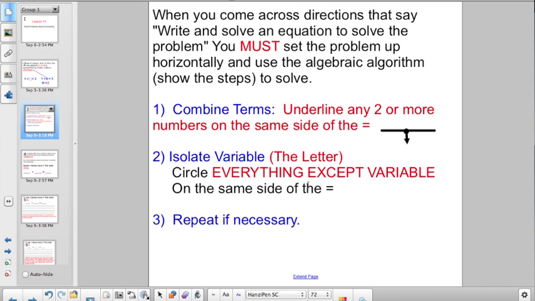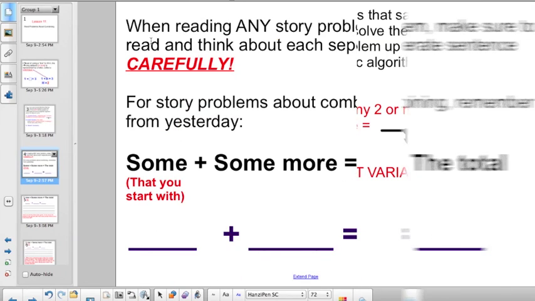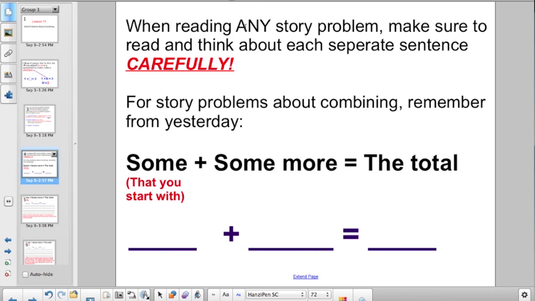Kick it so hard the plus breaks into a minus sign, and then you repeat if necessary. When you're reading any story problem, make sure to read and think about each separate sentence carefully. Nobody expects you to do these problems as fast as, say, 22 minus 17.